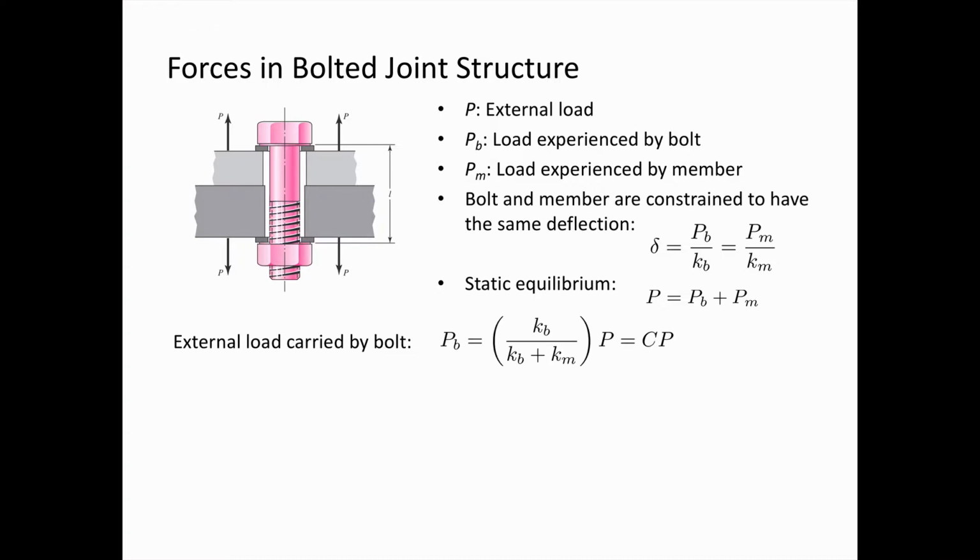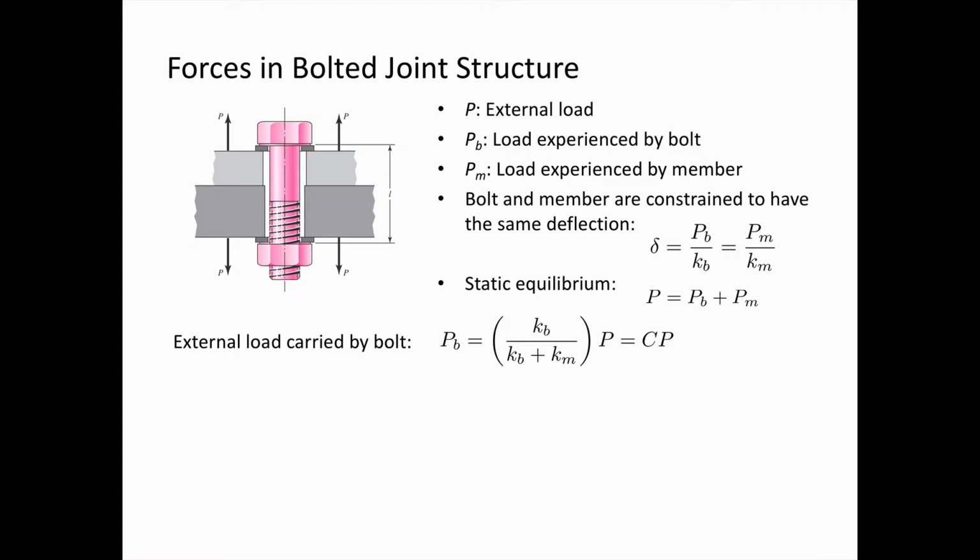One convenient way of quantifying these items is to look at the portion of the external load that is carried by the bolt, and that's P sub B. We can express P sub B in terms of the bolt stiffness and the member stiffness.